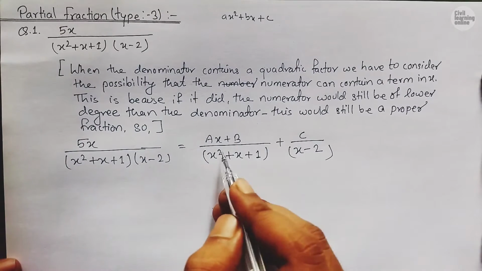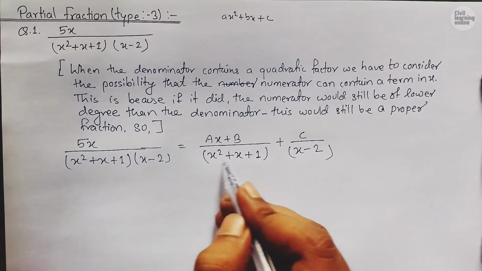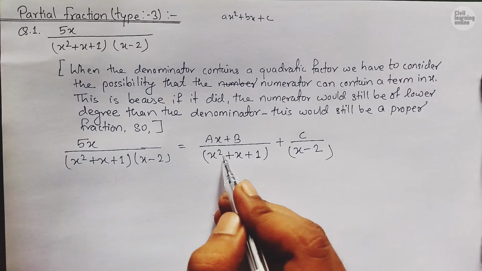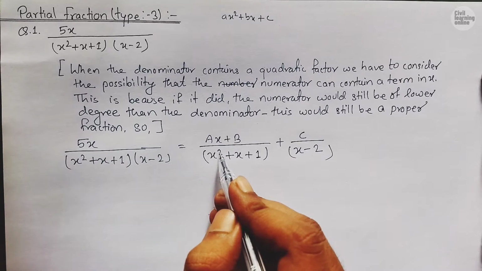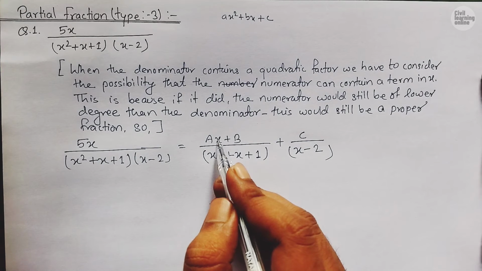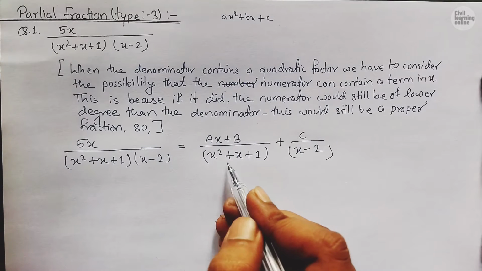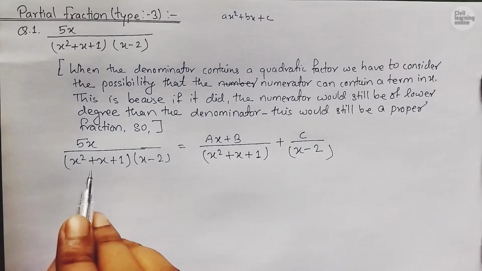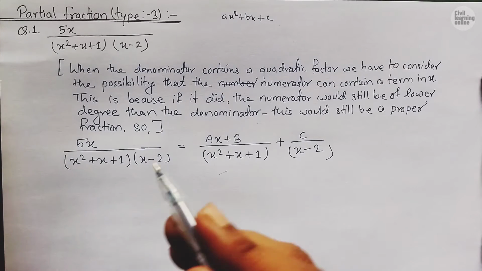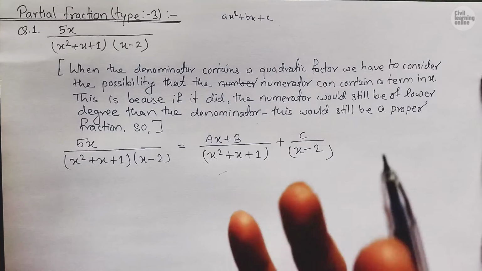Why so? See here, the highest power of x in the denominator is 2, and here still if we write 1x, the power of the numerator is lower, so it is a proper fraction. It is initially a proper fraction, and after adding x also it will remain a proper fraction.